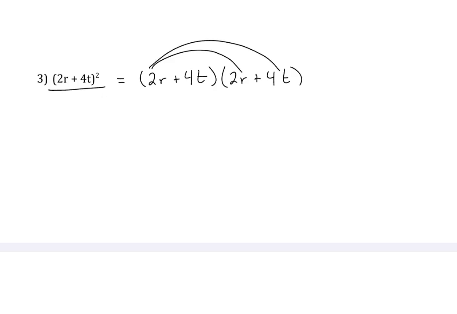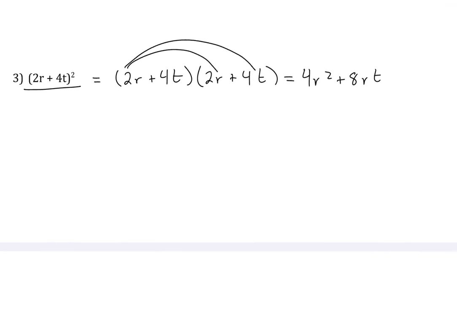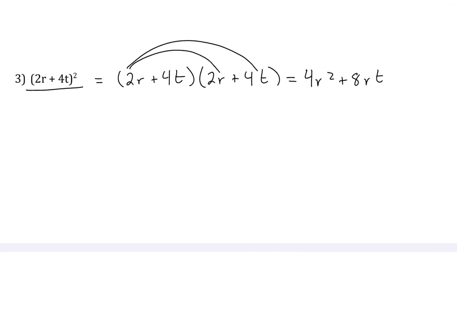So that 2r going to both of them, so we have 4r squared plus 8rt, and then I'm going to go to the bottom here, 4t times 2r, and 4t times 4t. So I'm going to say plus 8rt plus 16t squared.